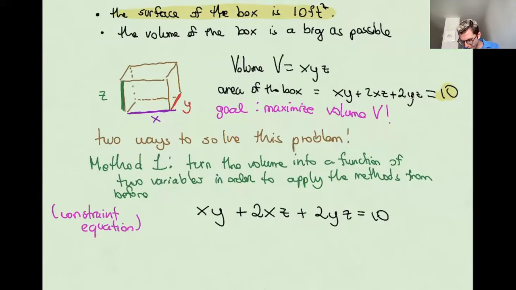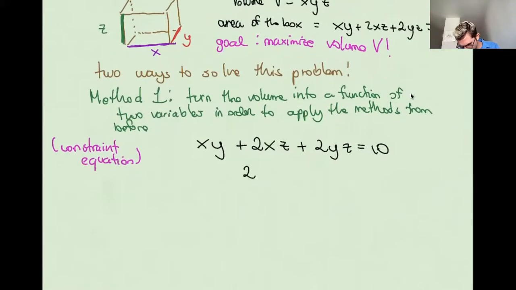And so how can you solve for z? You can say that 2z times (x plus y) equals 10 minus xy, right? So I just subtract xy from both sides, and then I factorize 2z in the last two terms. Is that okay with everyone?